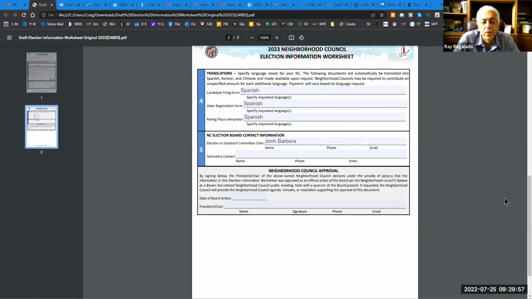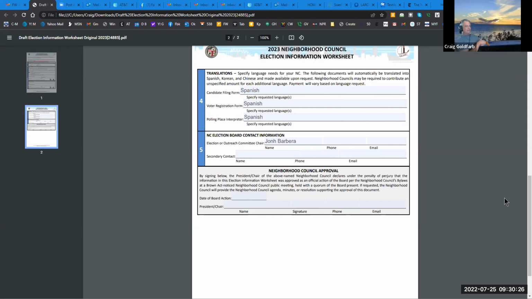The anticipated need here is that we need an alternate language so that outreach and other options become available. Look, the other thing is you guys haven't read this. It says specify language needs for your NC. The following documents will automatically be translated into Spanish, Korean, and Chinese. Each additional language costs extra, you're right.